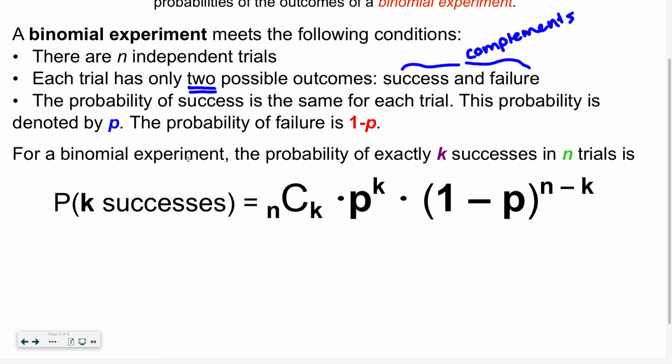It's not exactly like binomial expansion, but in a way it's kind of like a binomial expansion problem, where if you want to generate one term of that expansion, there's 3 parts. And that's kind of true here as well. There's 3 parts. One of them is a combination, and then the other 2 are your probabilities. I'll give you a minute to write it down.